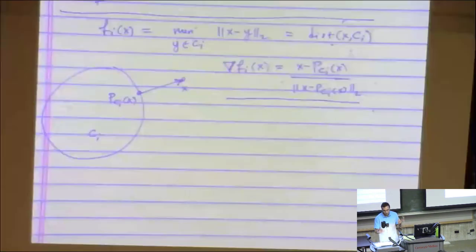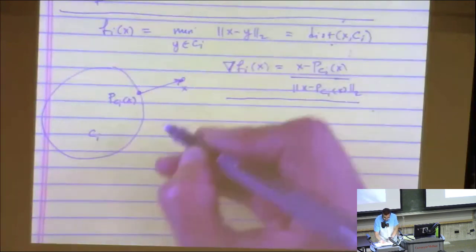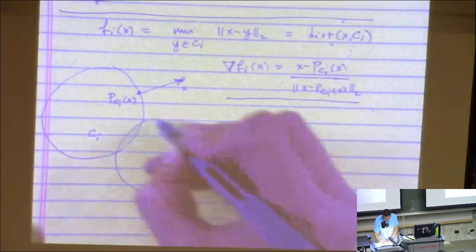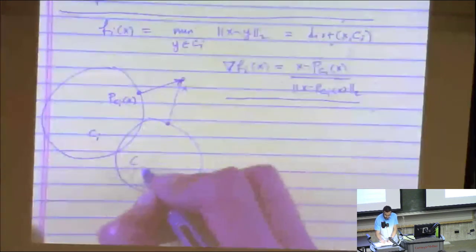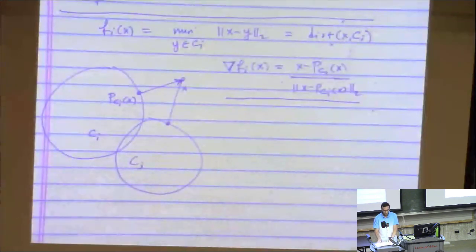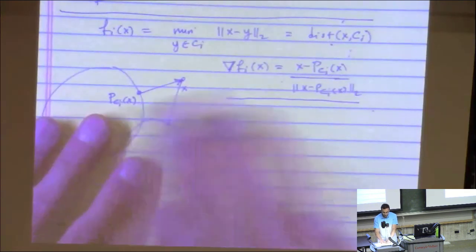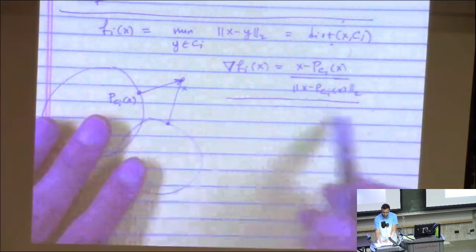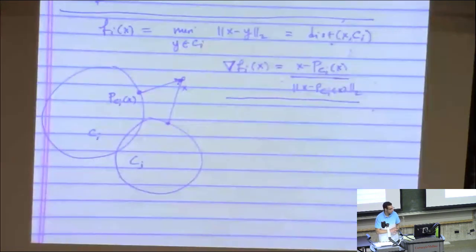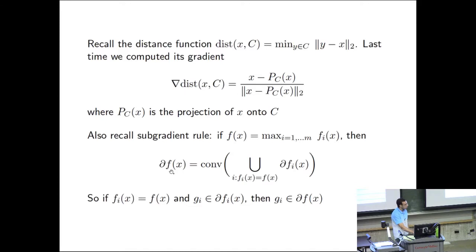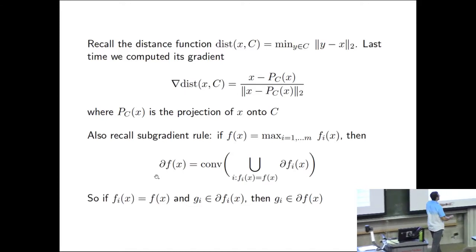Maybe there's just one, but maybe there are some ties. So suppose x was equally far from two of my sets, C_i and C_j. I could just pick either one, it doesn't matter, and take either one of their gradients. And that would be a valid subgradient of my function f, because it would just be something in here.